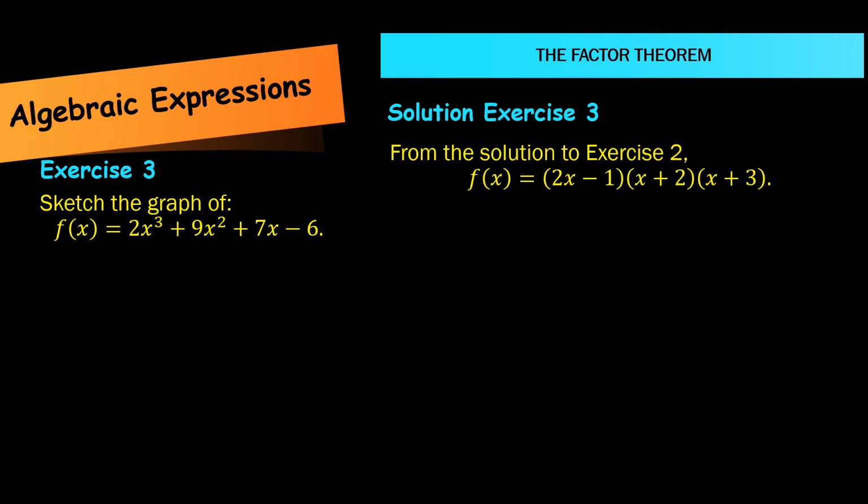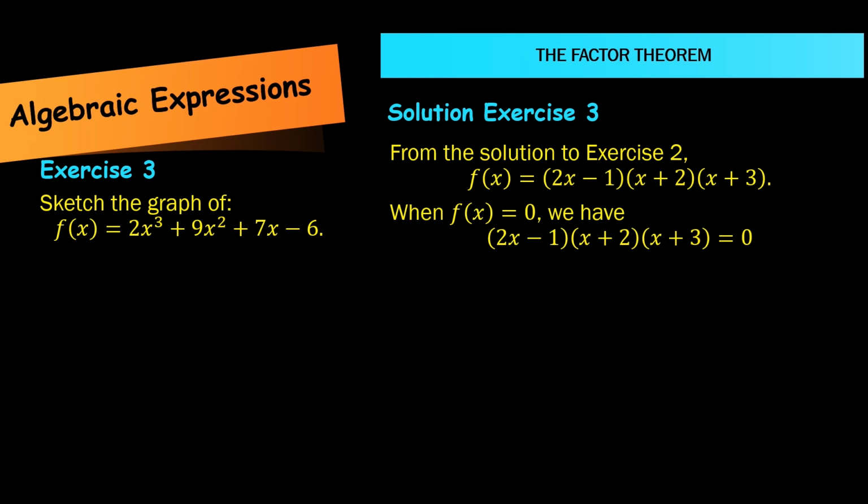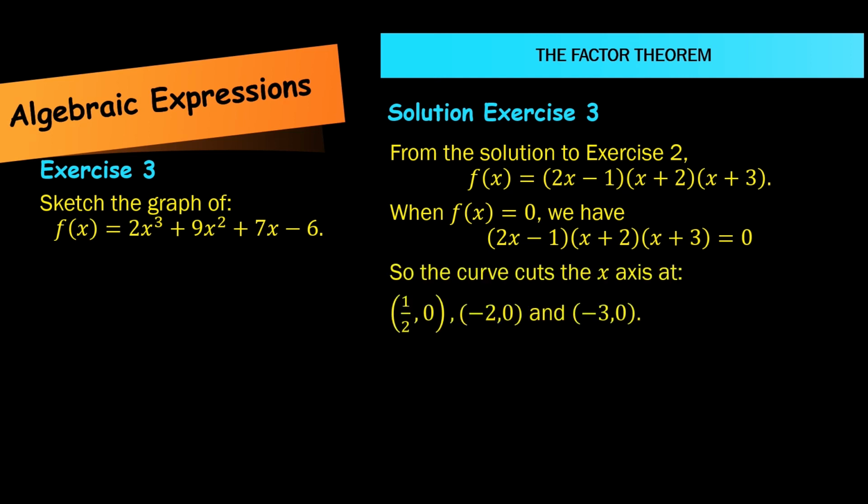So when f of x equals 0, we have that this factorised version of our polynomial is also 0. And therefore, the curve cuts the x-axis at a half, 0, that is when x equals a half, at minus 2, 0, i.e. when x equals minus 2, and at x equals minus 3.